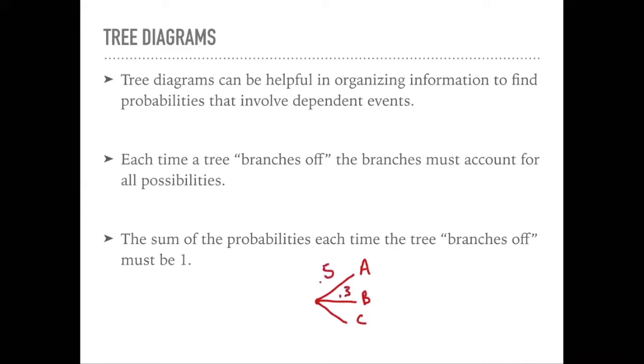Maybe B does 0.3 and C does 0.2. Notice that those add up to 1. Then we could have another time that it branches off and we could have that it works or doesn't work each time that we branch off.